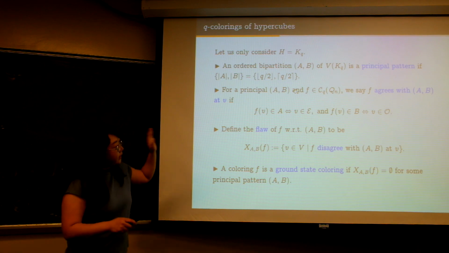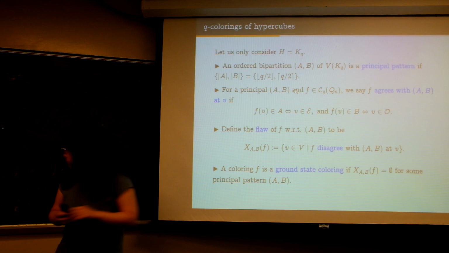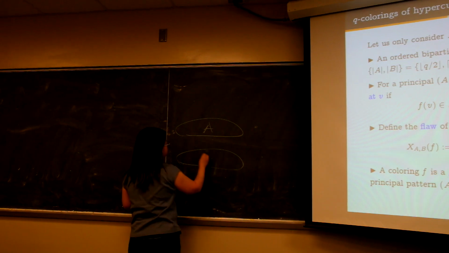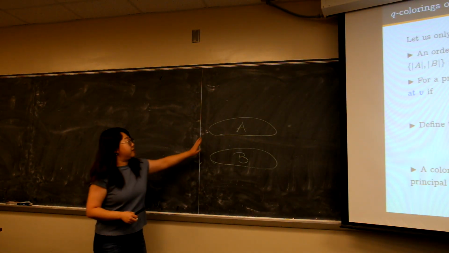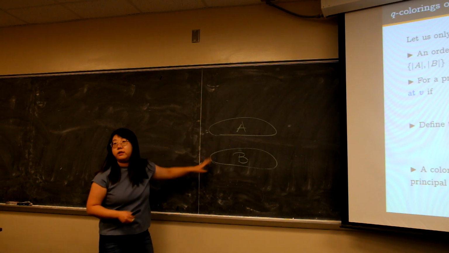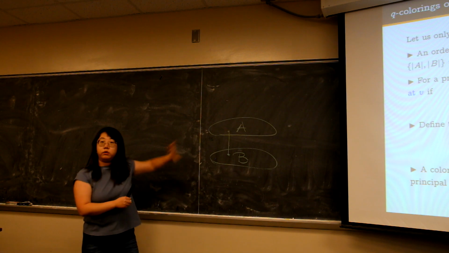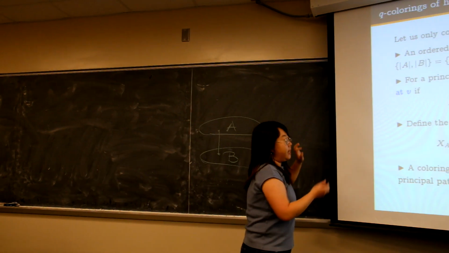Let me draw the picture. It's very clear that if all the vertices agree with this pattern, that naturally gives a proper coloring, because A and B are a bipartition, so they are disjoint. All the edges only go between the two classes, so they must have different colors at the endpoints. So this defines a very natural proper coloring.